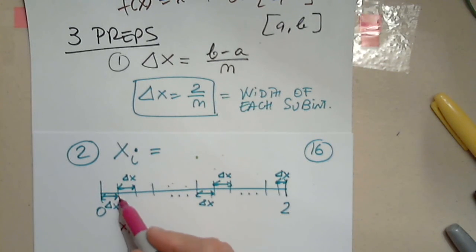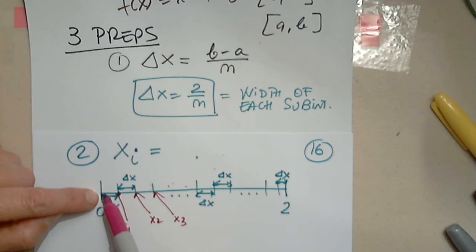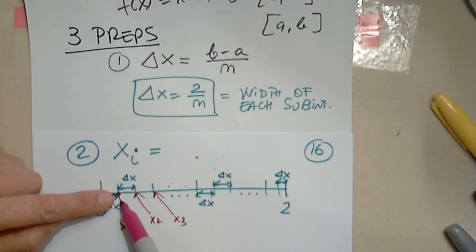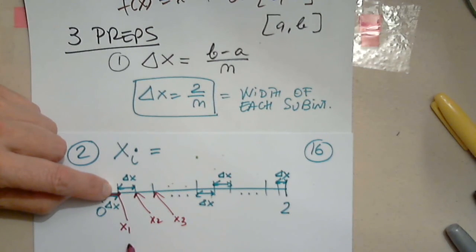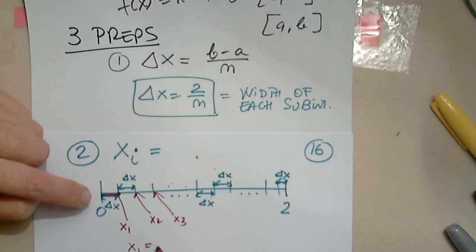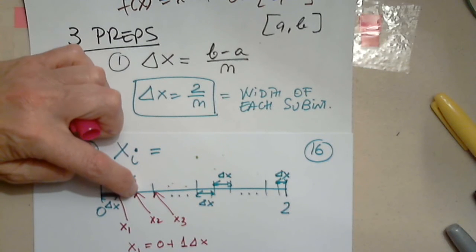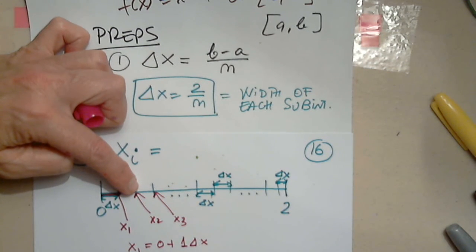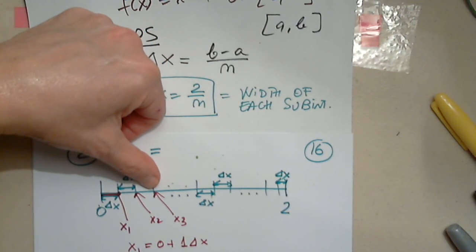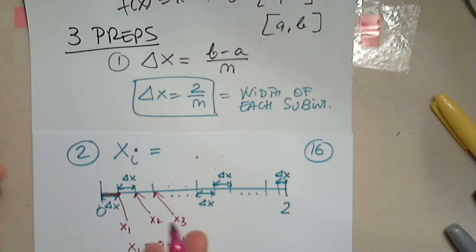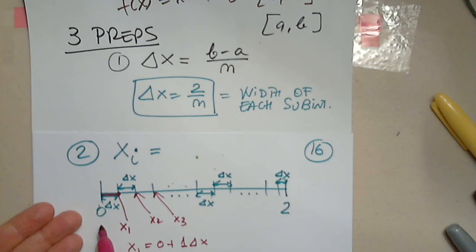This is x1, right here. This is x2. This is x3. So from 0, the first subinterval gives us x1. This point is x1, which is 0 plus 1 delta x. When I move on to the next subinterval, I get x2, which is 0 plus 2 delta x. When I move on to x3, I have 0 plus 3 delta x. If this is not 0, if it's 5, then I'll write 5, but it's 0.